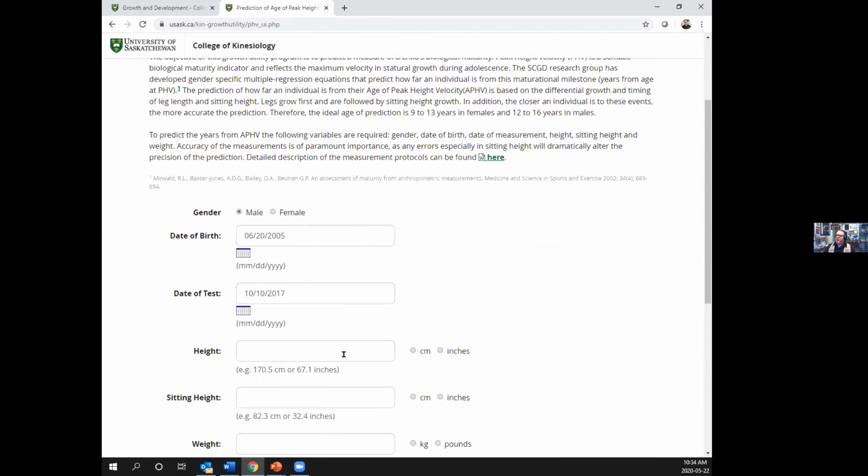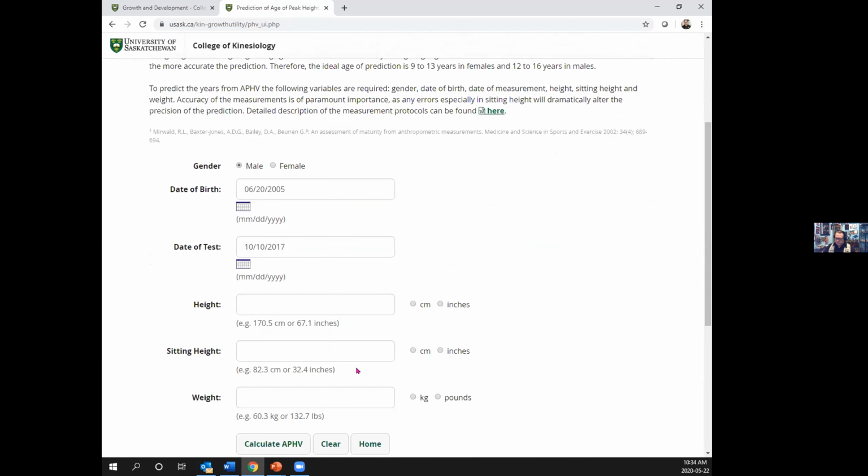and those two values will give you a chronological age. Their height was 152 centimeters. Their sitting height or trunk length was 81.2 centimeters, and their weight was 44.9 kilograms.